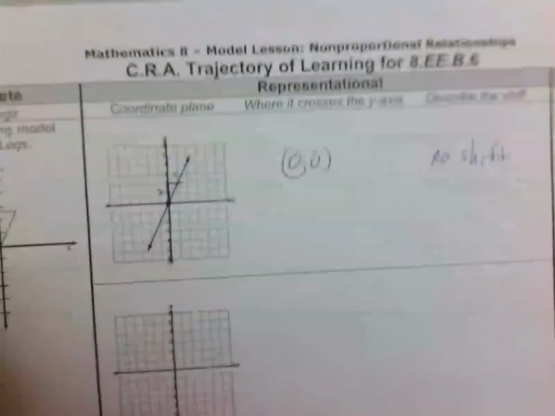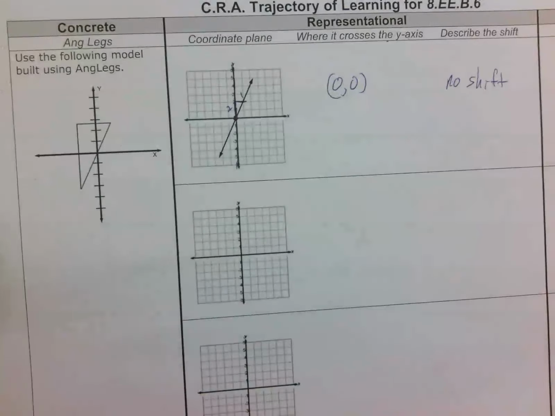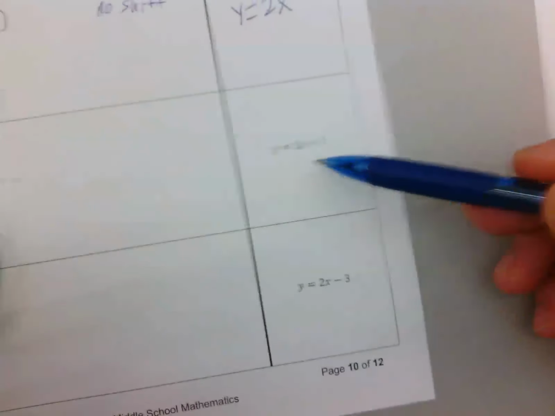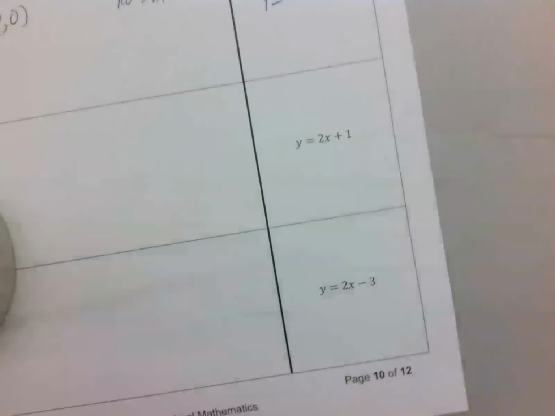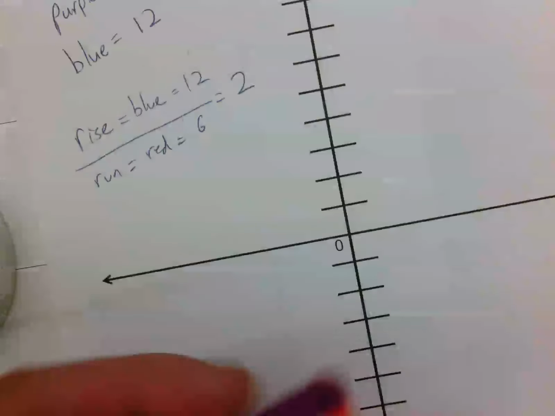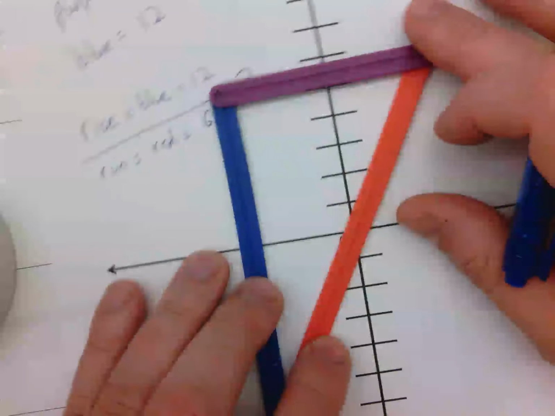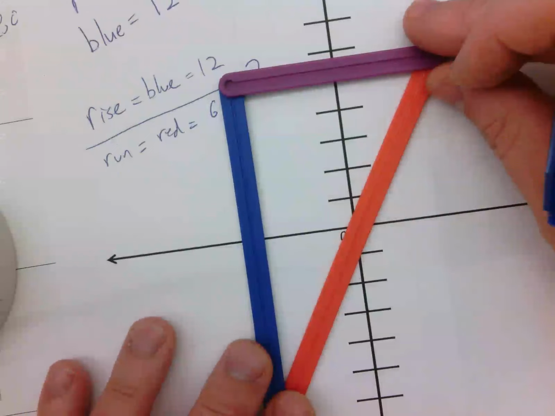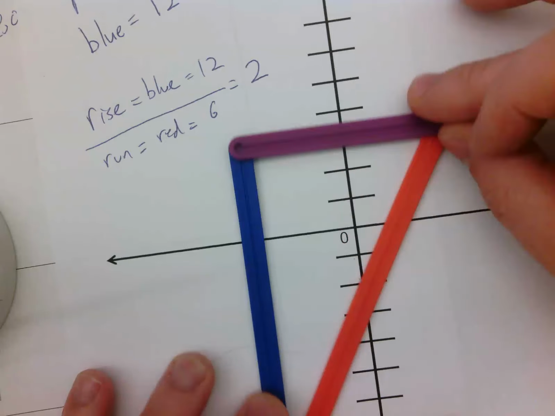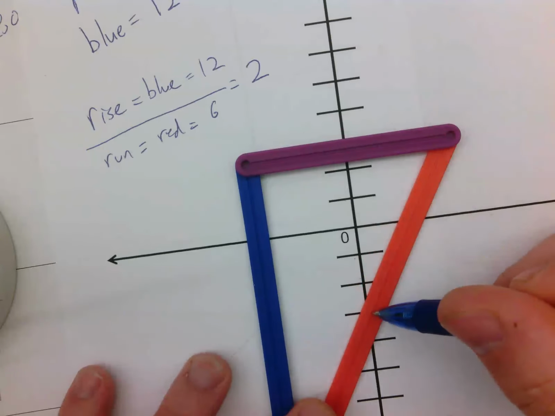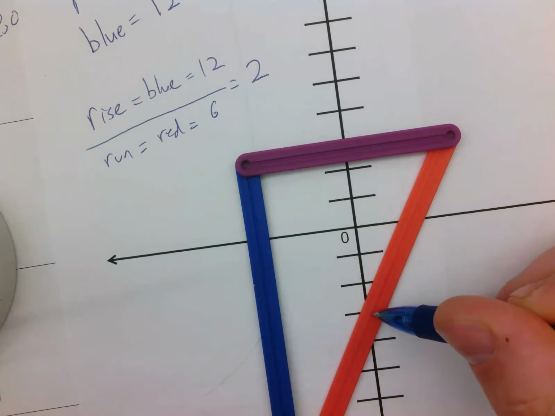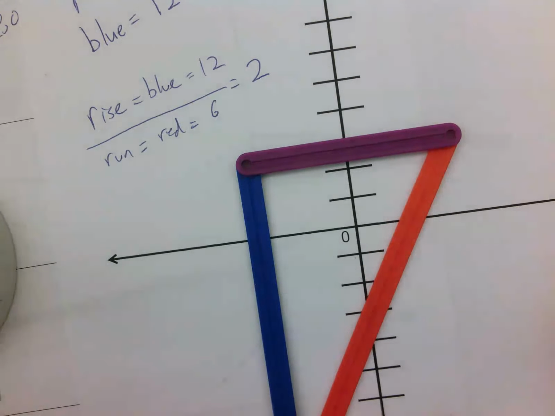We're going to build off this line now, and we're going to look at the next two equations: y equals 2x plus 1 and y equals 2x minus 3. If we come back here to our paper, here's the initial line. If I shift it down so that it crosses the y-axis at -3, I'll pause the video here.